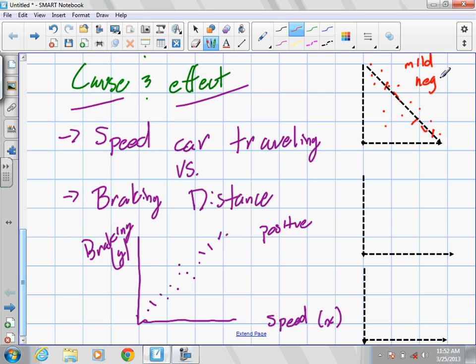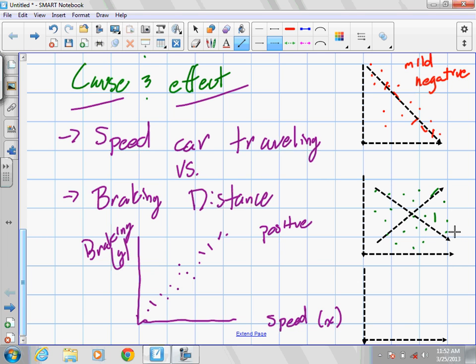Let's say I have something like this. Can you fit a line of best fit through this? There really isn't a line of best fit. Whether I drew something like this or like this, they would be equally likely or unlikely. Okay?